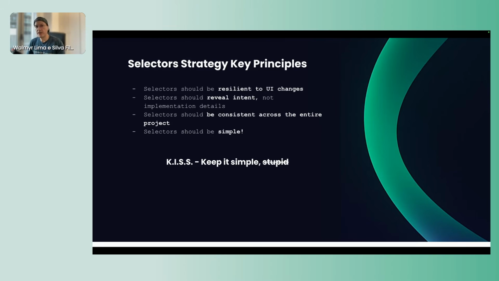So when you use ARIA label, placeholder, that kind of thing, you are revealing the intent of what the element does, without telling an element that has a specific class that is used for styling, for example. Selectors should be consistent across the entire project. So when you define a selector as a strategy, try to use it everywhere so you have a standard, let's say. And finally, selectors should be simple. So keep it simple.